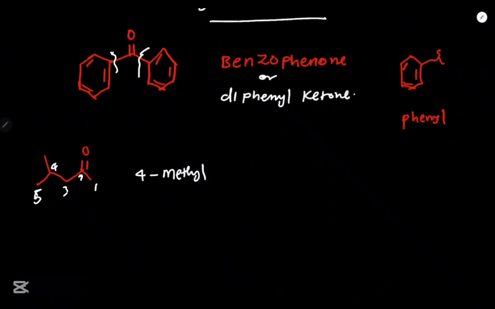So now when naming it, say 4-methyl. So it's 1, 2, 3, 4, 5. So it's pentanone. So that's the name for this structure: 4-methyl-2-pentanone.